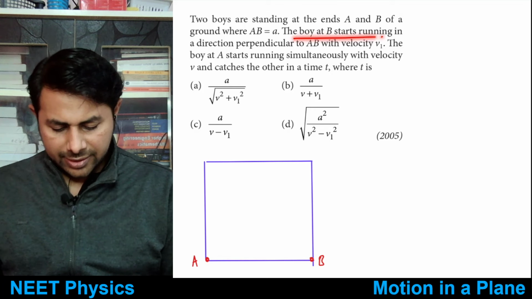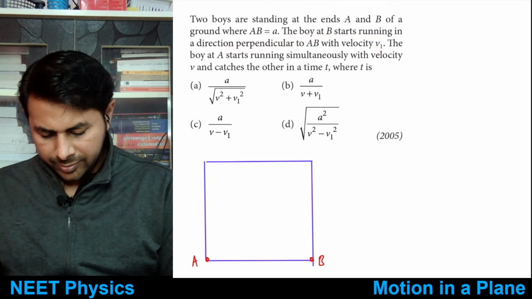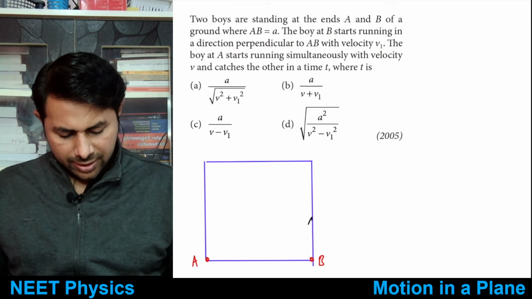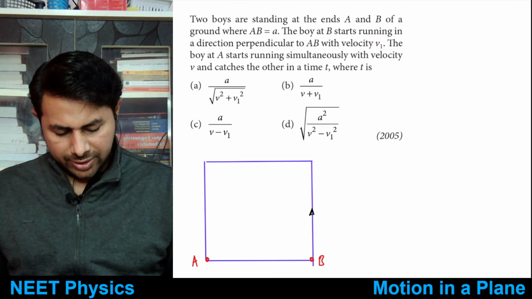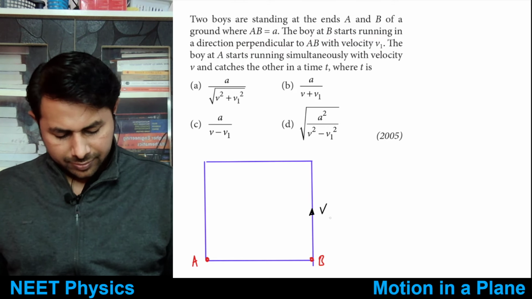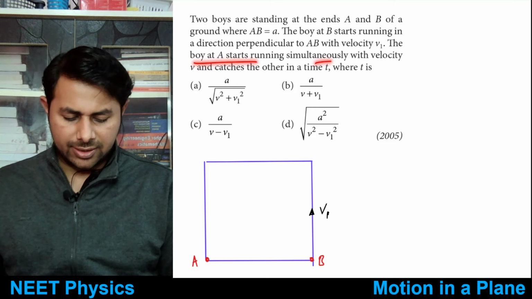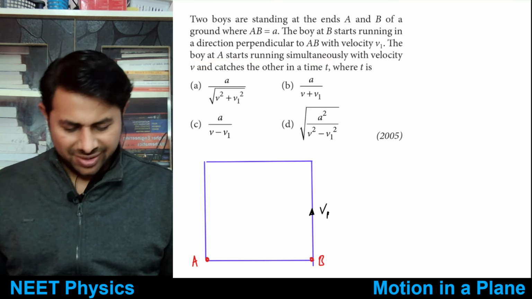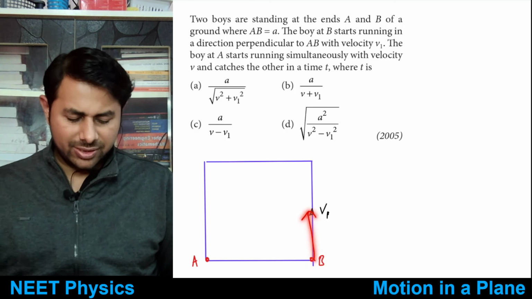The boy at B starts running in the direction perpendicular to AB with velocity v1. So the boy at B starts running like this, perpendicular to AB. And the boy at A starts running simultaneously. So he notices that his friend is moving like this.